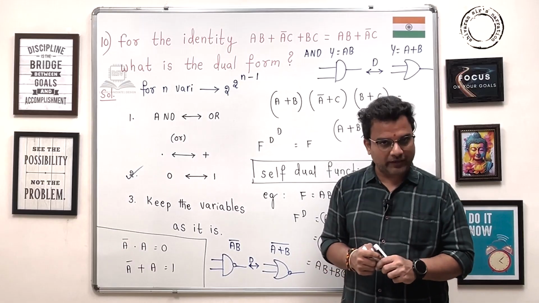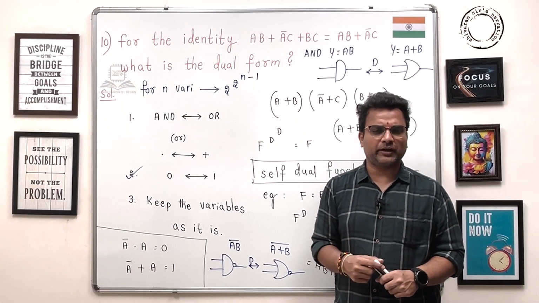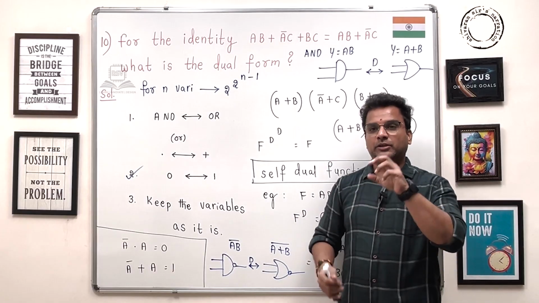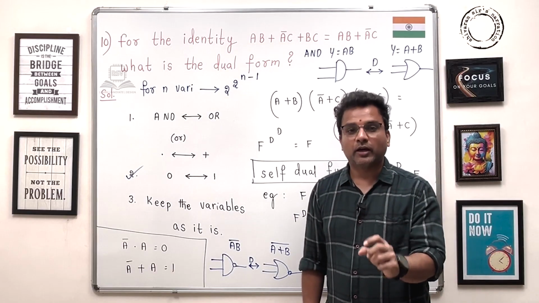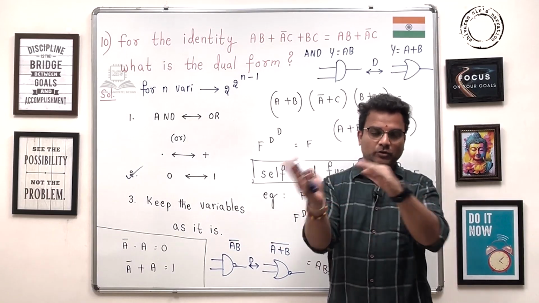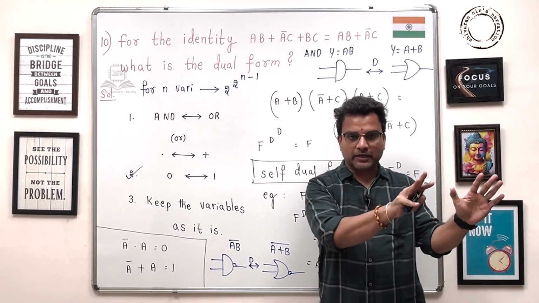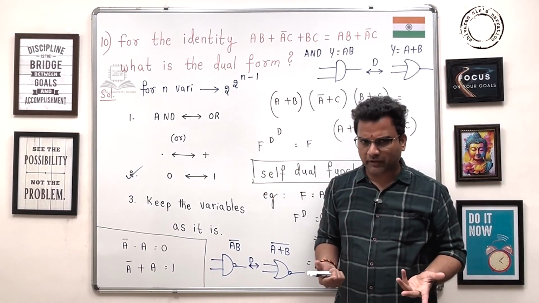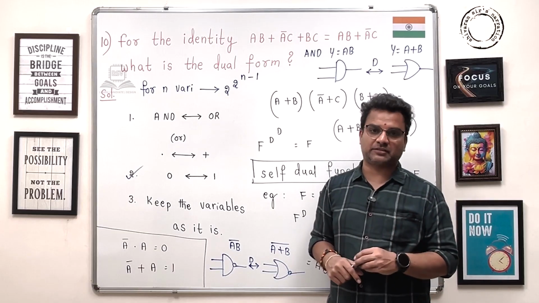Got it? And finally, why do you need duality? I told you already here guys, duality is used to convert a positive logic system into a negative logic system, and a negative logic system into a positive logic system. In a simple way, you can tell it in this way as well.